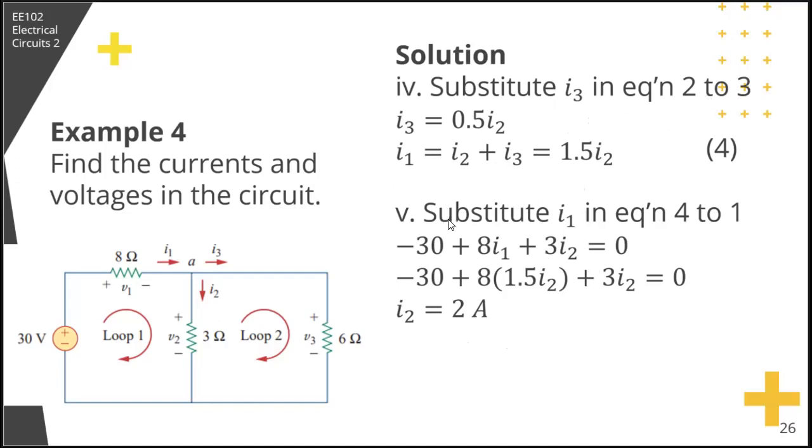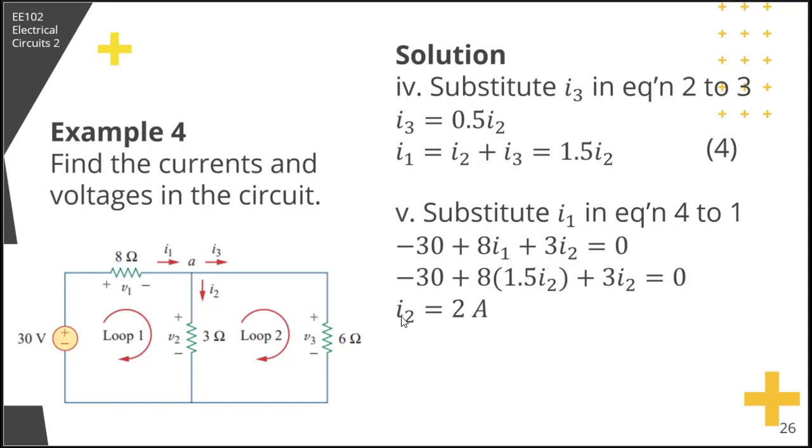Then substitute I1 into equation 1: negative 30 plus 8 I1 plus 3 I2. Since I1 is 1.5 I2, 8 times 1.5 is 12, and 12 plus 3 is 15. So I2 is equal to 2 amperes.